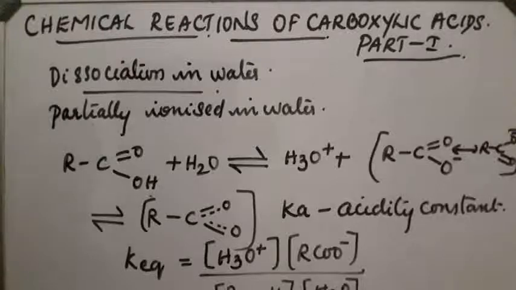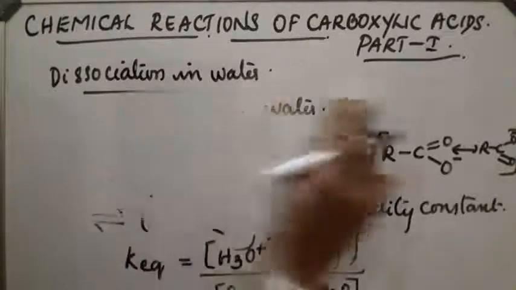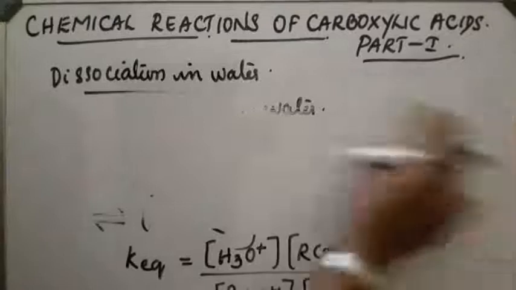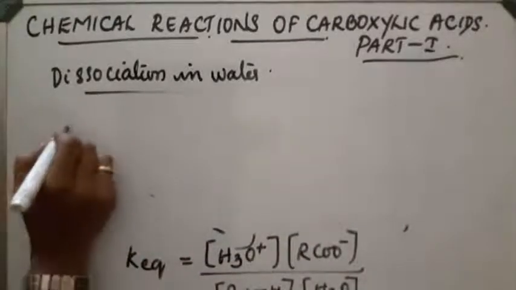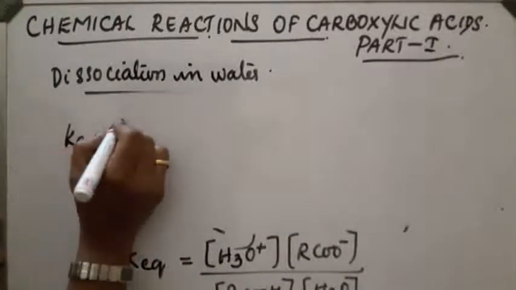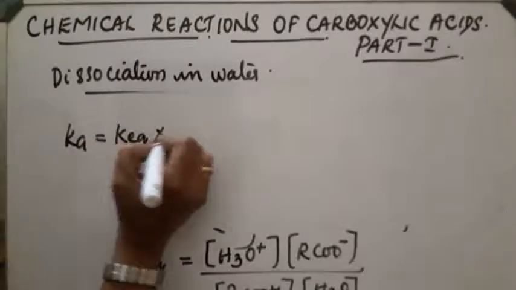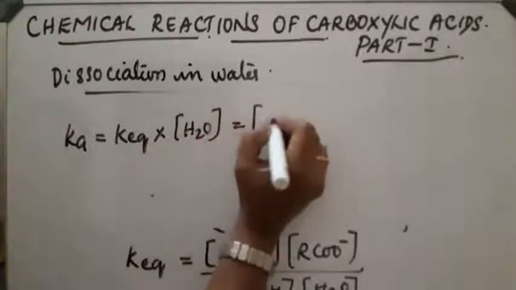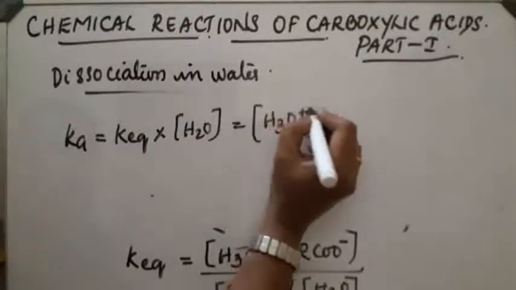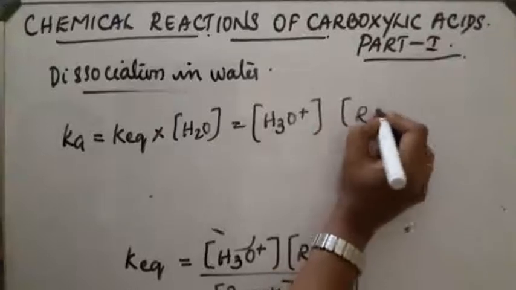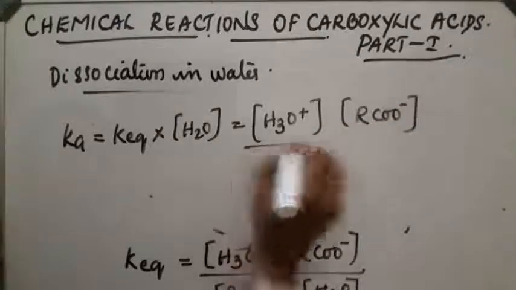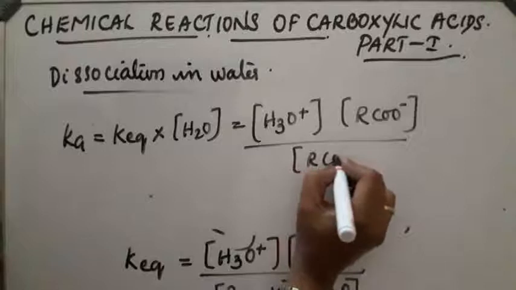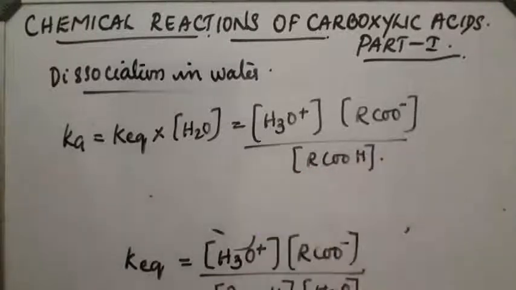Now what will be the Ka value? Ka, the acidity constant, will be equal to K equilibrium into the concentration of H2O, which is hydronium ion into RCOO minus by the concentration of RCOOH. This will be the Ka value.